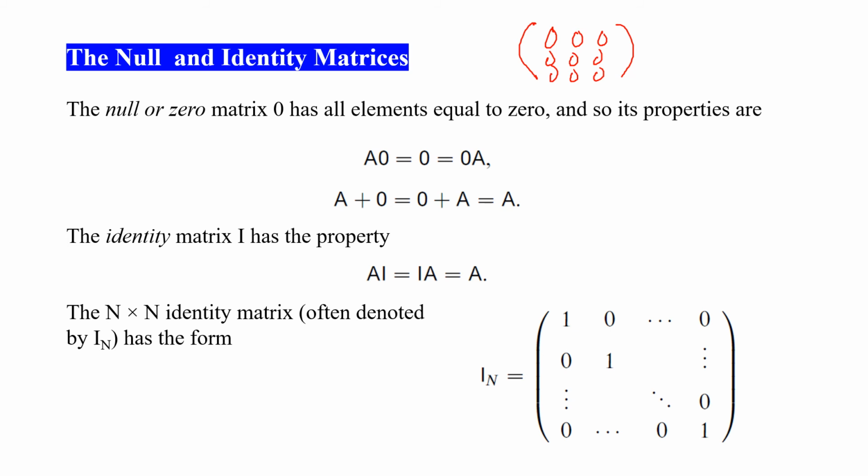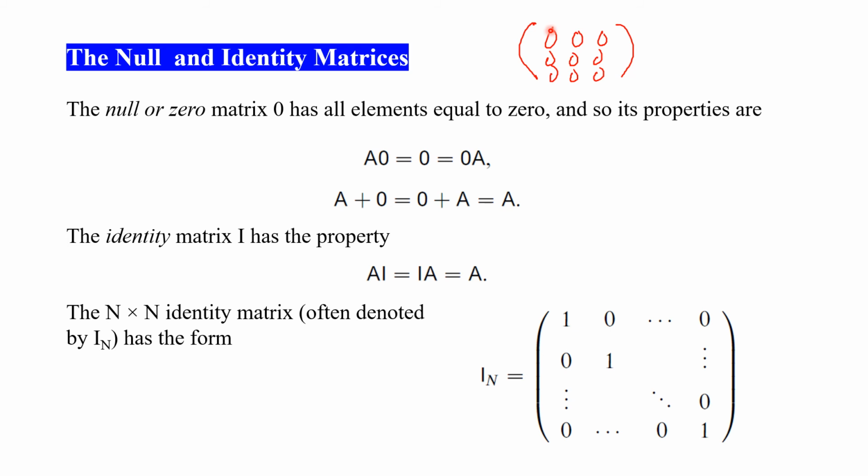Its properties are the following. A times the null matrix, A times 0, is equal to 0, which is also equal to 0 times A. And A plus 0 is equal to 0 plus A, which is equal to A. That is the property of your null matrix.